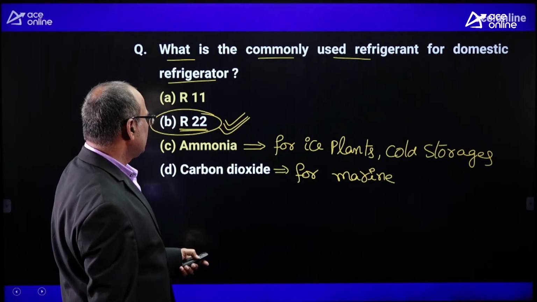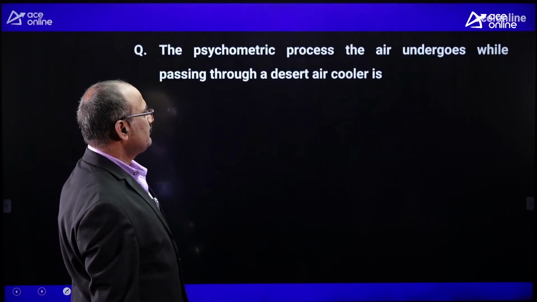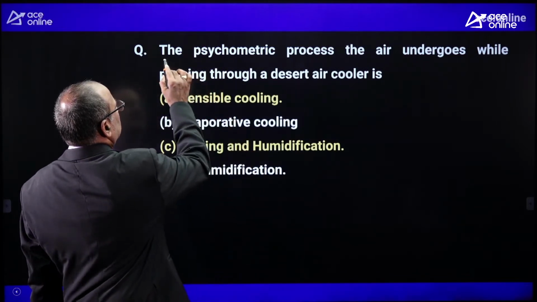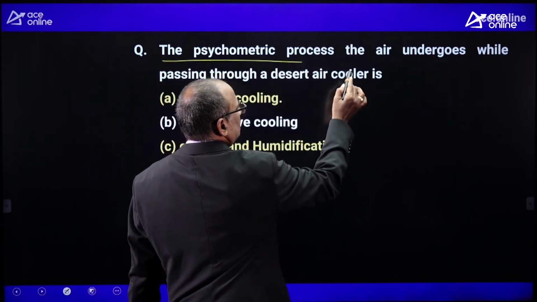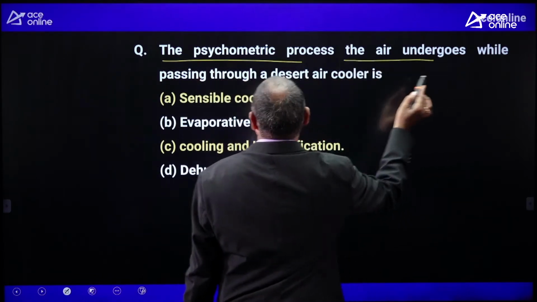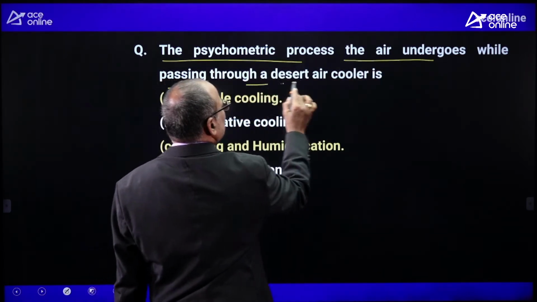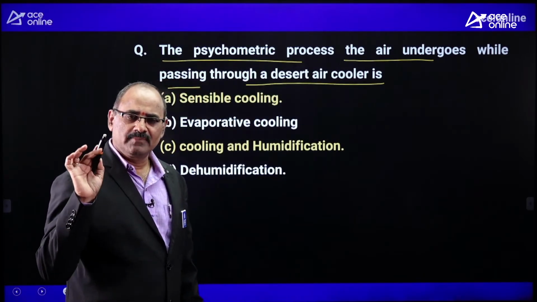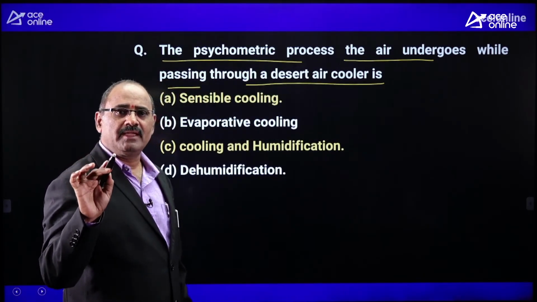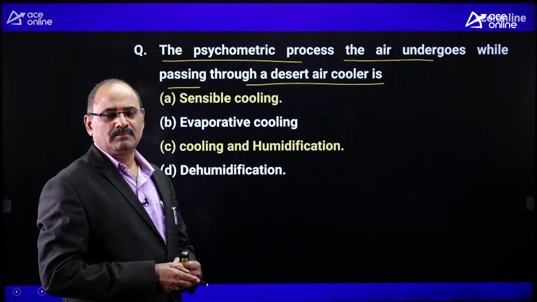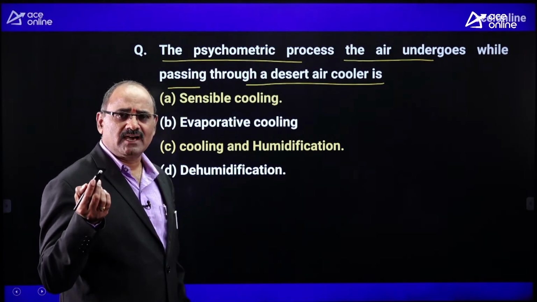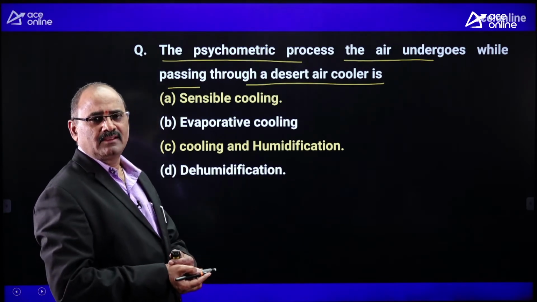Understood? Yes. Similarly, look at another important question. Try to read it clearly. The psychrometric process the air undergoes while passing through the desert cooler. You know, in the months of April, May, June, particularly in South India, the temperatures may touch around 45 degrees centigrade.